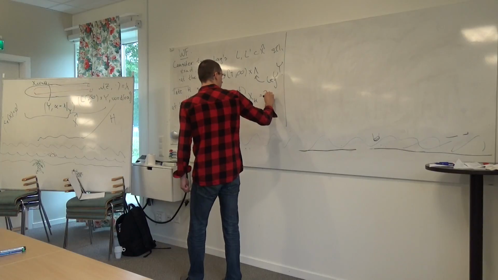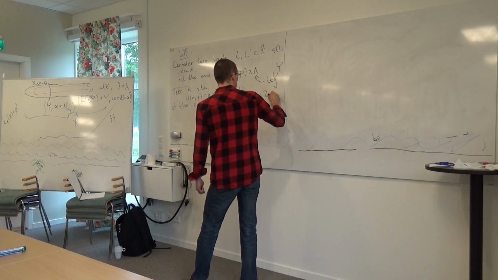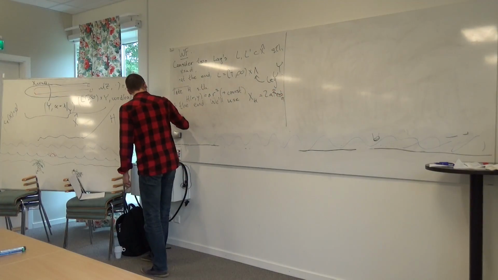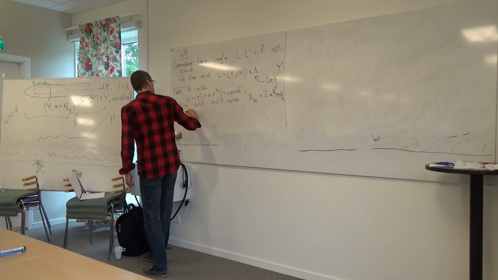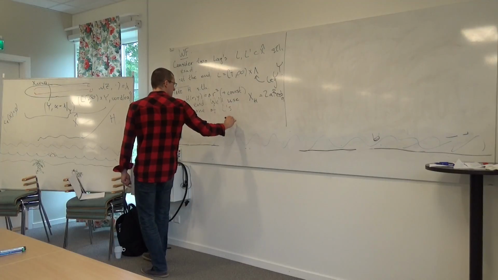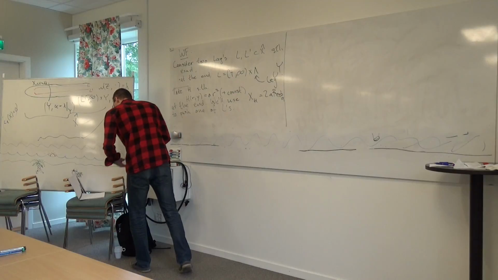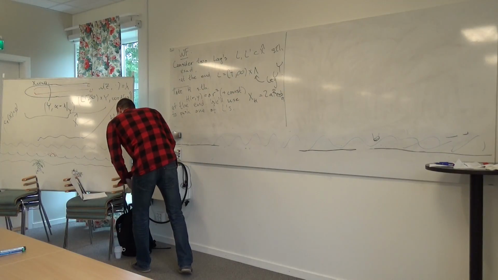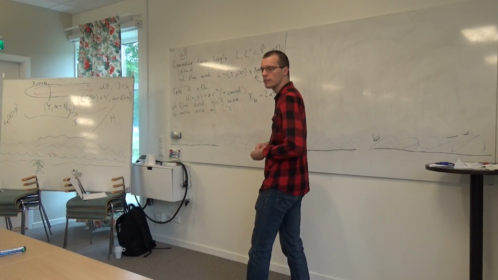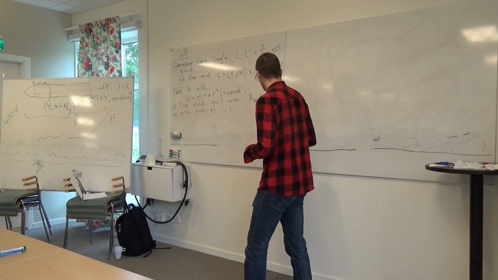So this x is 2 times a times the R vertical.